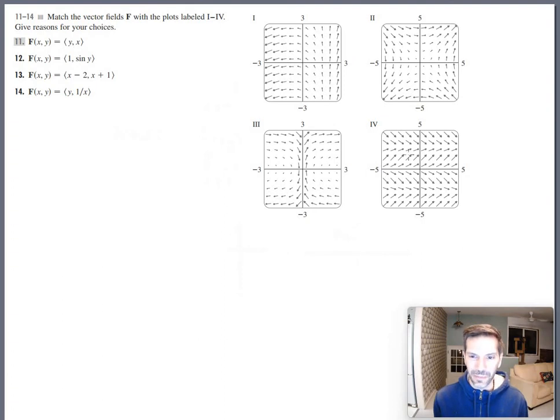And I'm waving my pen around over option 4 here, which might give you a little bit of a clue, but hopefully you can just kind of feel your way through those 4 with the process of elimination and a little bit of thought about, if I'm at the point 3, 3 basically, what should the vector look like there? You can say, it should look like 3, 1/3 if it's number 14. So you can think about that. Okay, so there's a little bit of matching for 11 through 14.